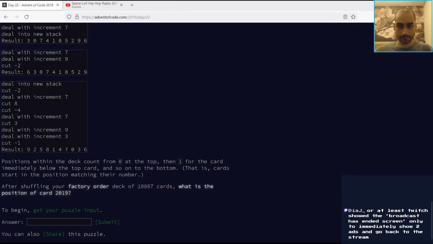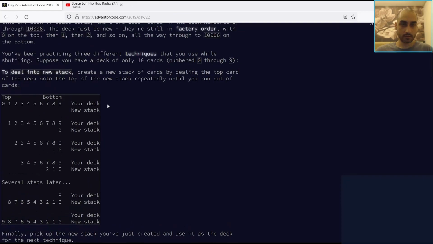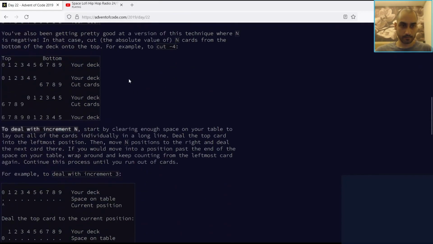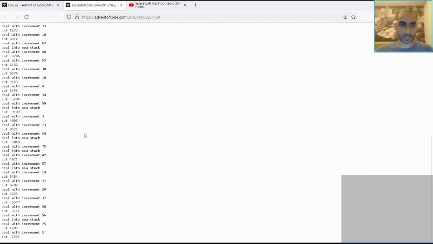So, in theory, every one of these types of shuffles could take at most 10,000 steps, linear time, if we're doing it the slow way. So it's basically 10,000 times the number of these lines, which is fine.